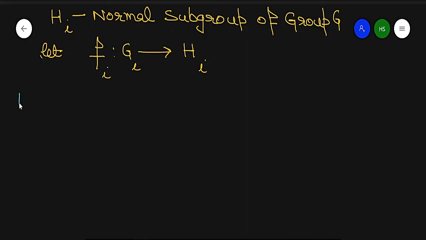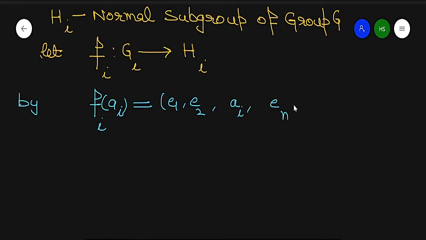This is defined by fi of ai, which is equal to, for every i, I can also write it as j, e1, e2 and so on up to here it is ai and this value is equal to en.